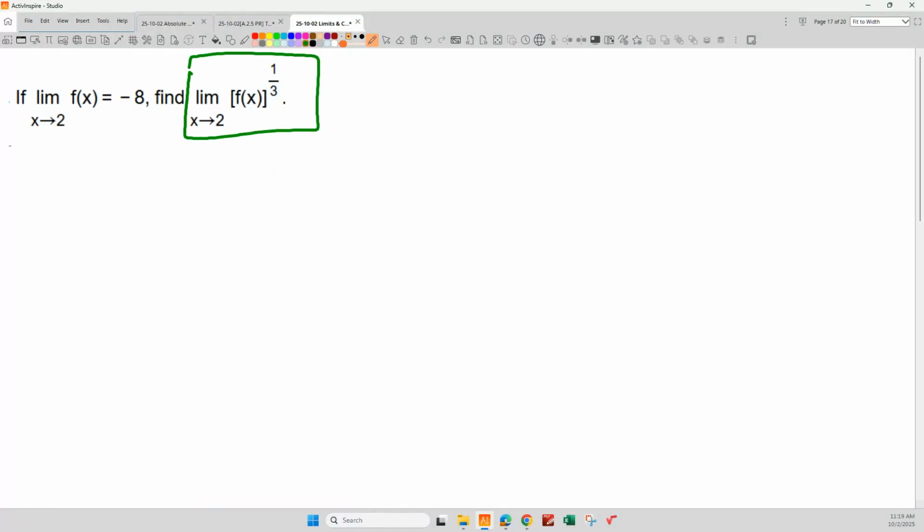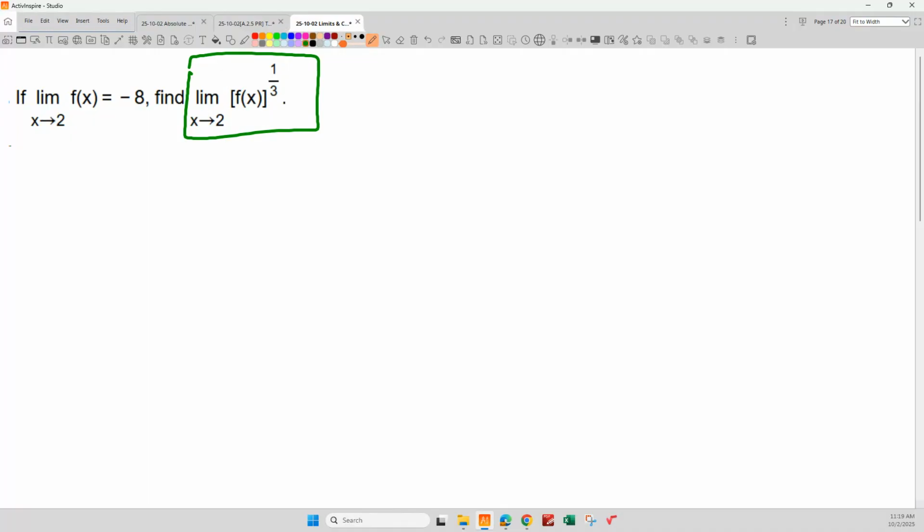How do we accomplish that? What's the property of limits that I can apply here? Kind of, but we can't really directly substitute because we don't know what f of x is. But there's a property here. Yeah, right? And how come?